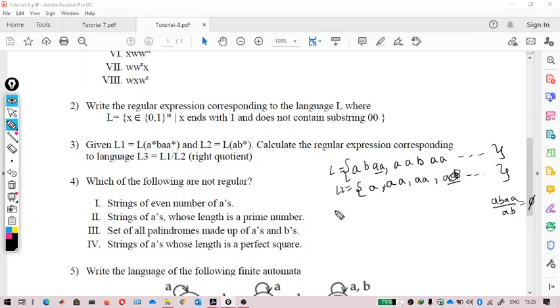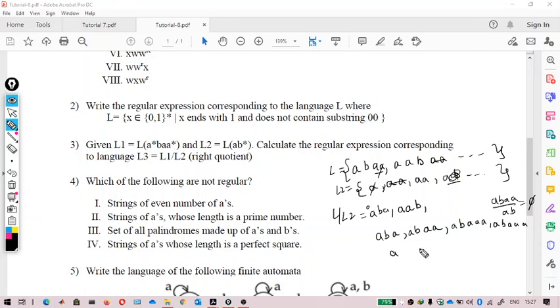Now L1 by L2 will be ABAA. Just take this one and minus this one, so it will become ABA. Now take this one. Now two A's are gone, so it will become something like this, ABAB also. So again, two, three A's. If I keep raising the number of A's: ABA first, then ABAA, then ABAAA, then ABAAAA.